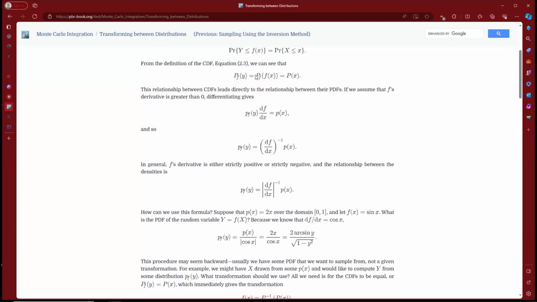So we have the CDF, P_f of y equal to P of x. And then when we differentiate that, we want to differentiate according to x and y is f of x, so we get the below, df divided by dx.